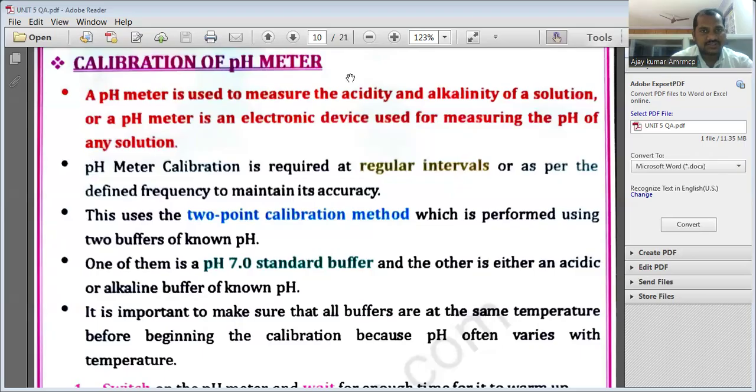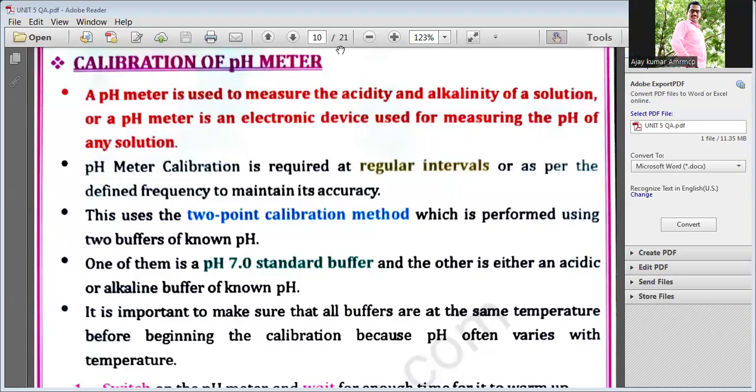Any other values which are very important in the pharmaceutical industries, by using various equipments or instruments, has to be done only after performing the calibration based upon the calibration frequencies.